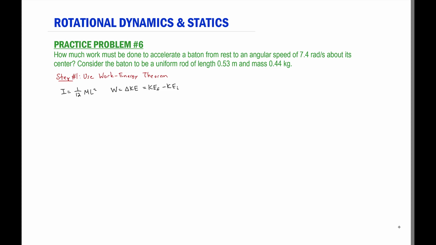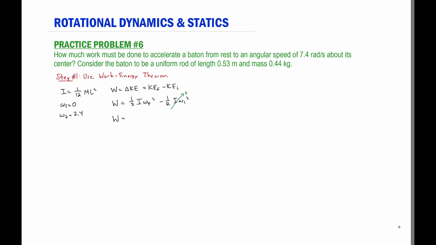So we have this. We can solve for work. It's 1/2 I omega_f squared minus 1/2 I omega_i squared. So what other given values do we have? It's accelerating a baton from rest to an angular speed of 7.4. So we know that omega_i is equal to 0 and omega_f is equal to 7.4. So that essentially means that this whole term on the right goes to 0.